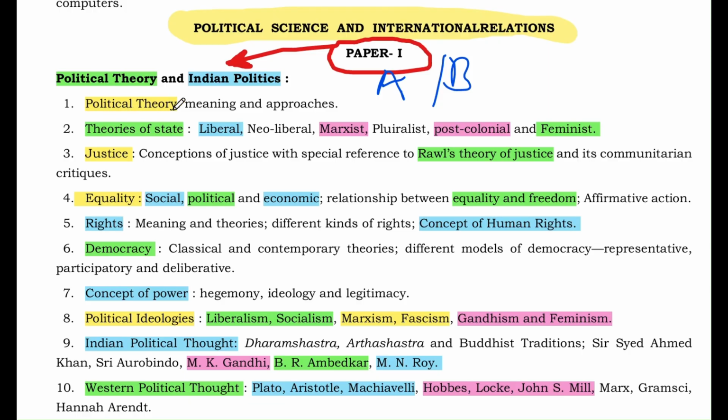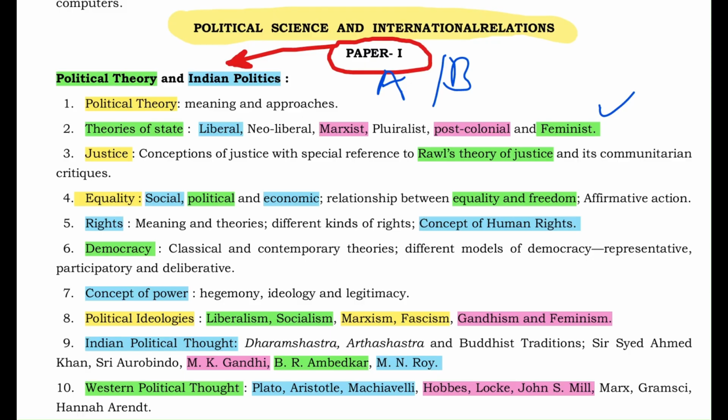In political theory: meaning and approaches, theories of state, liberal, neoliberal, Marxist, pluralistic, post-colonial, feminist. These are the terms that we can call the dictionary of our political science, PSIR.